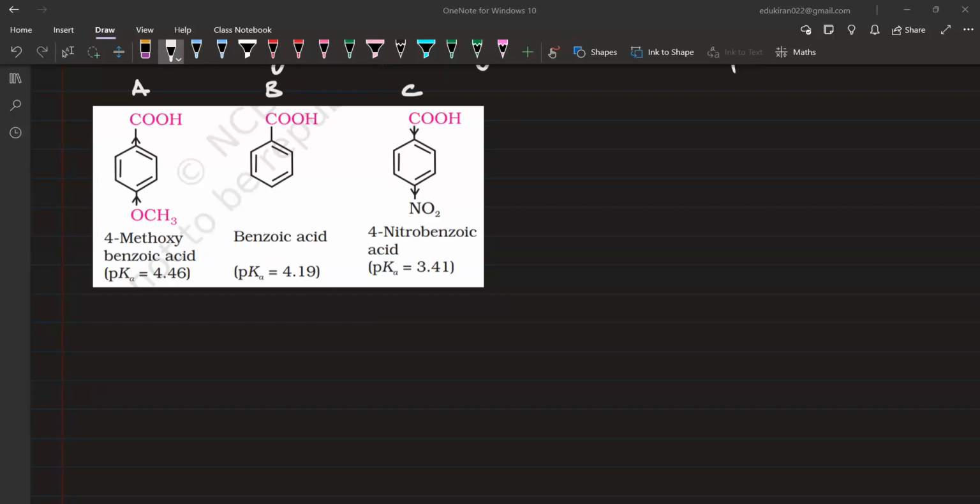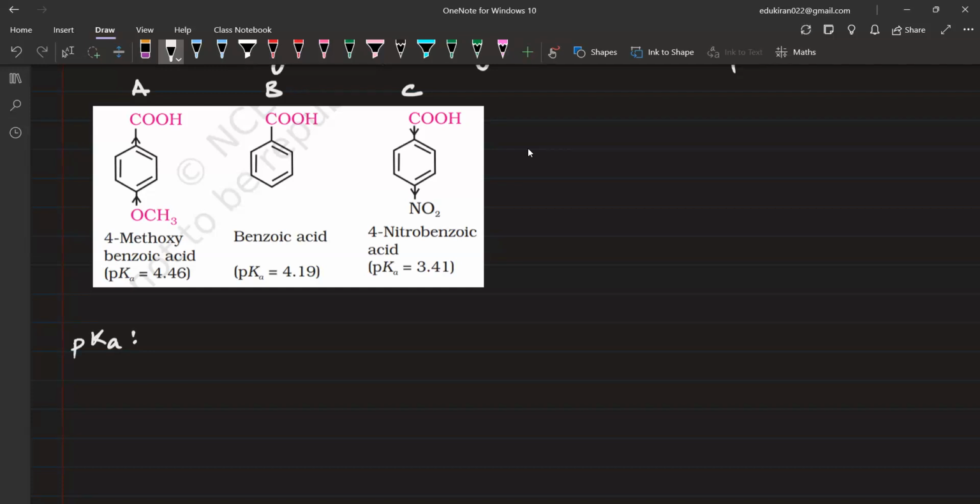No, you have to arrange A, B, C. Okay, Krishna Priya. Right. Both of you have given the same answer, so hopefully it is right. See. What they have given you is the pKa value, right? Let us arrange the pKa first.